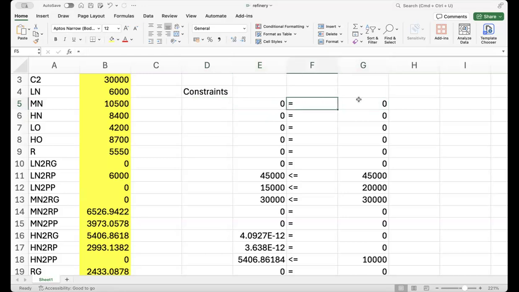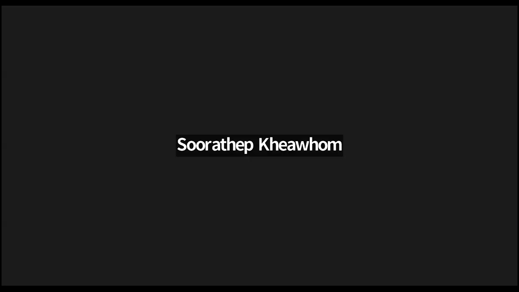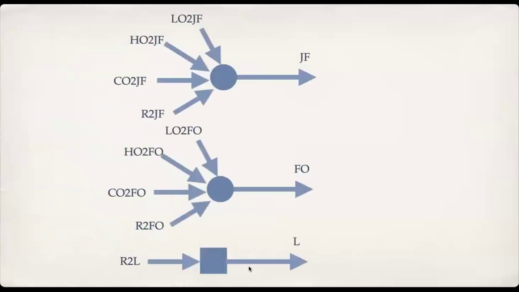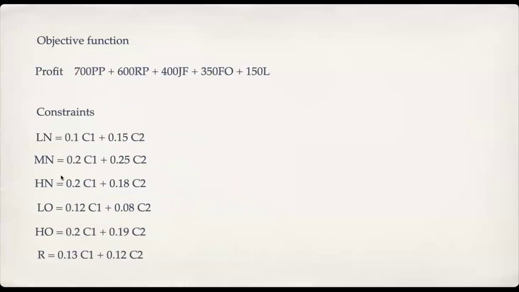For the first constraint, we have this one. You see LN equals 0.1 C1 plus 0.15 C2. Okay. To keep the right-hand side to be zero, very simple.